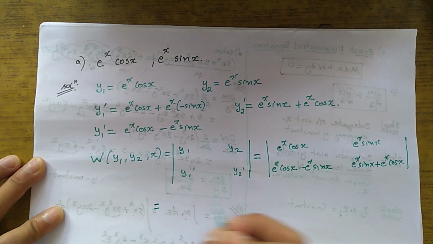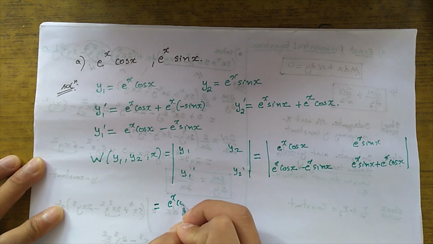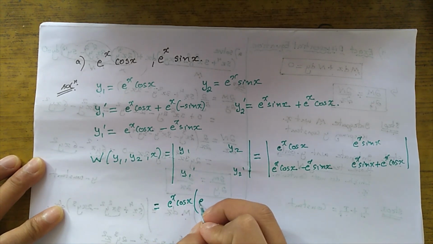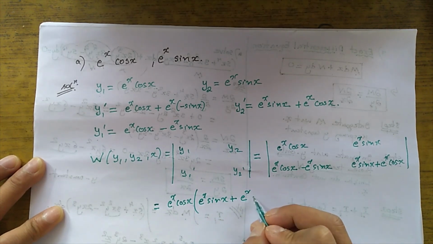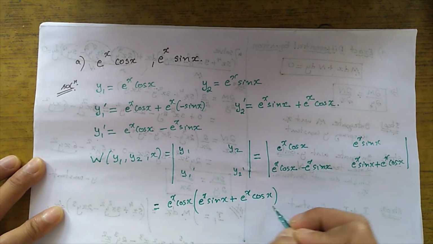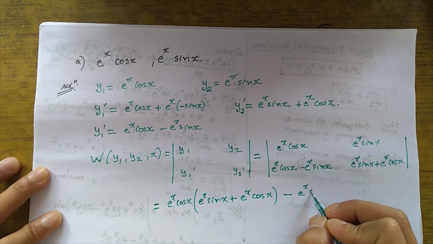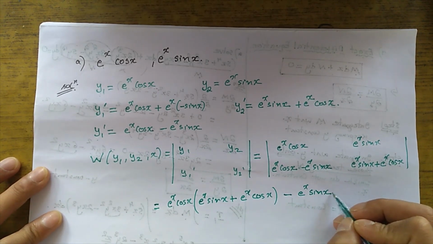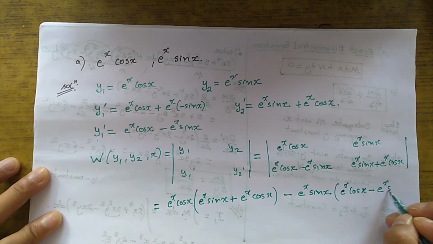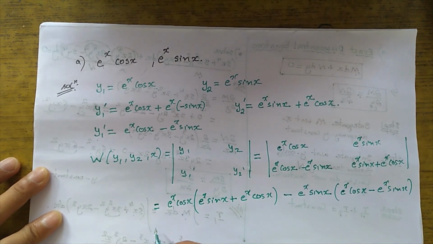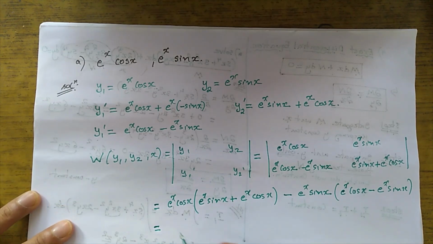Let's find the determinant. It will be e to the x cos x times (e to the x sin x plus e to the x cos x) minus e to the x sin x times (e to the x cos x minus e to the x sin x). Now we can multiply that.